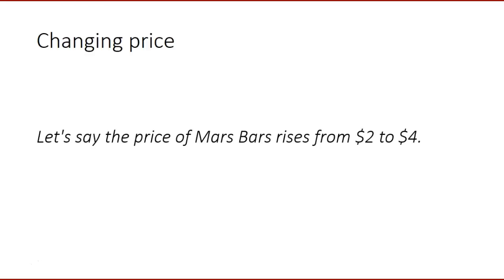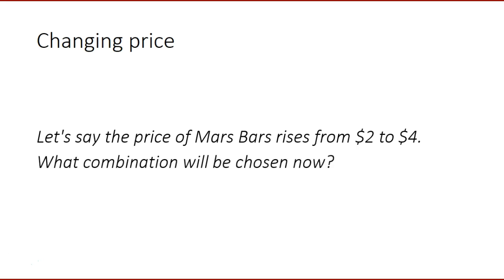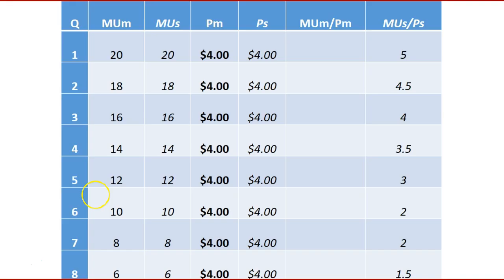What if the price of Mars bars goes up from $2 to $4? What combination will be chosen now? So back to our table, except now we've put the price of Mars bars up from $2 to $4. That means we've got to recalculate the marginal utility per dollar for the Mars bars. We don't need to do it for the Snickers, nothing's changed there.